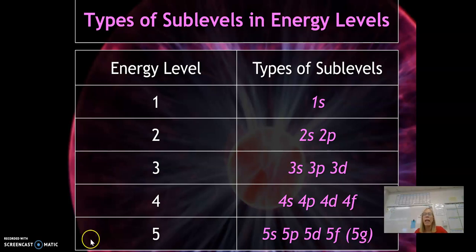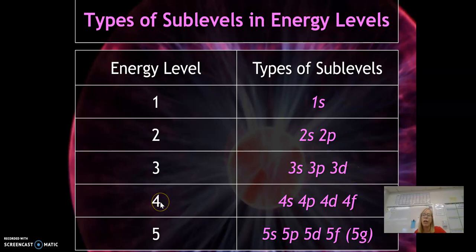The sublevels that are in energy levels: notice energy level 1 has 1 sublevel, so that's 1s. The second energy level has 2 sublevels, so we have 2s and 2p. The third energy level has 3 sublevels, so 3s, 3p, 3d.